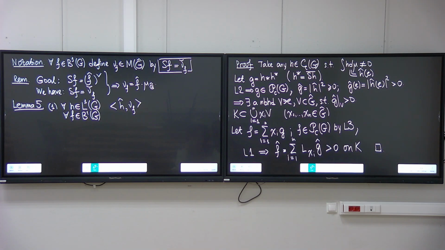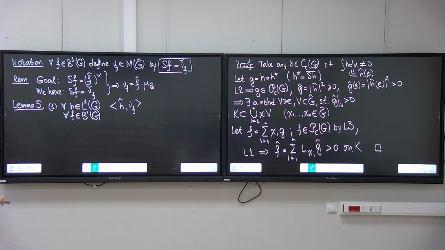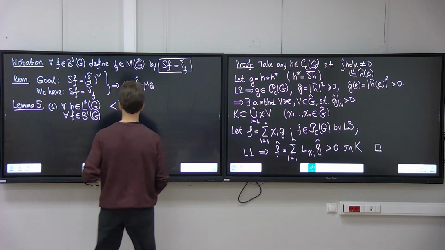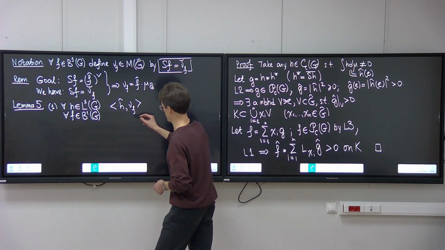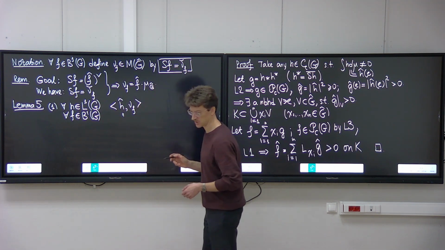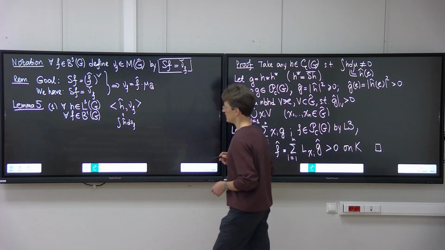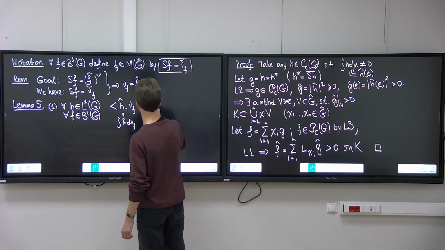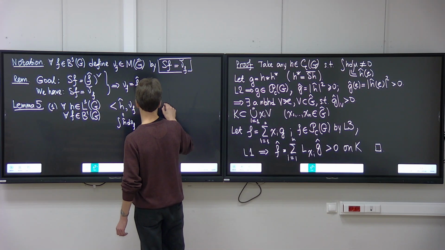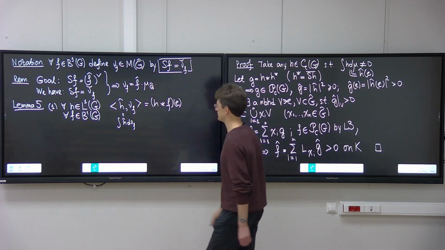We can integrate any continuous bounded function, in particular h hat. This notation means that we take the integral of h hat with respect to this measure. So this is equal to the convolution of h and f, evaluated at the identity.